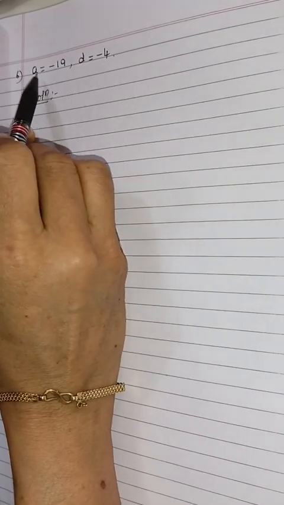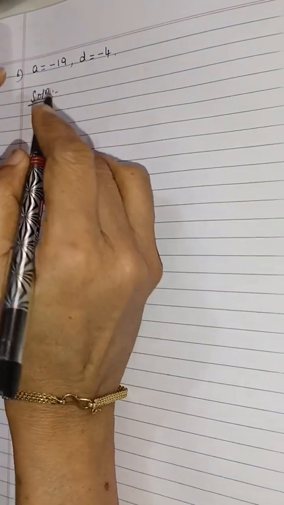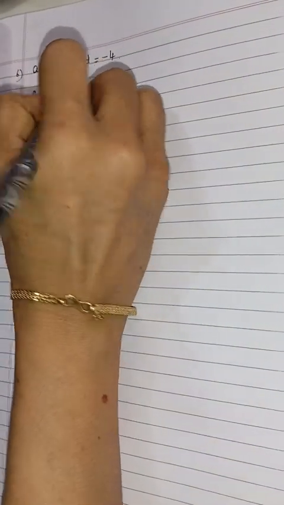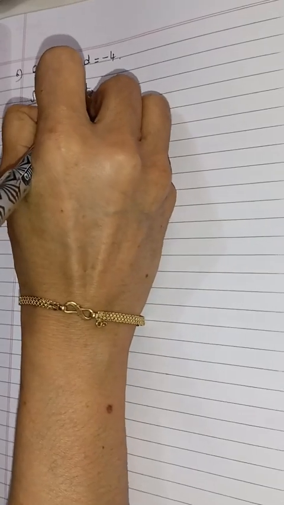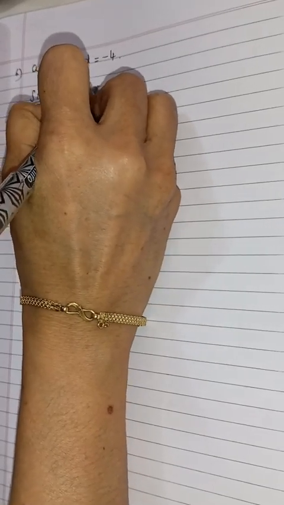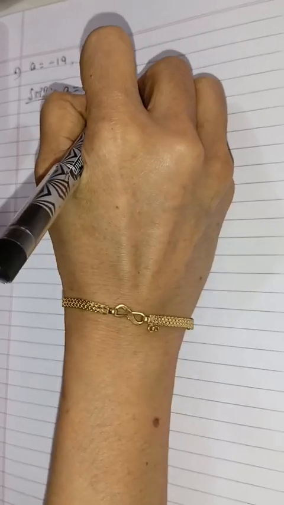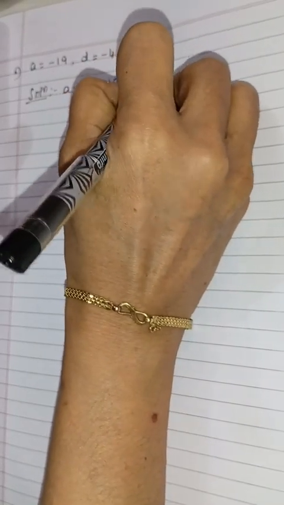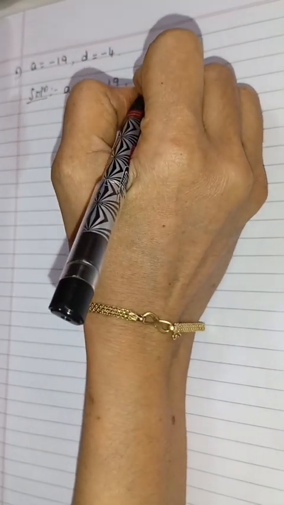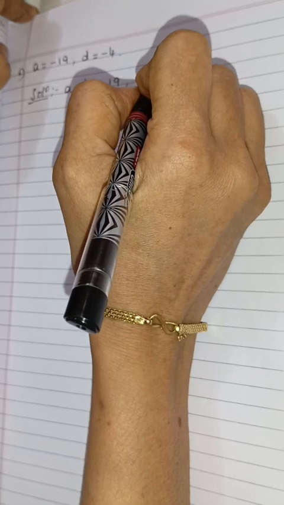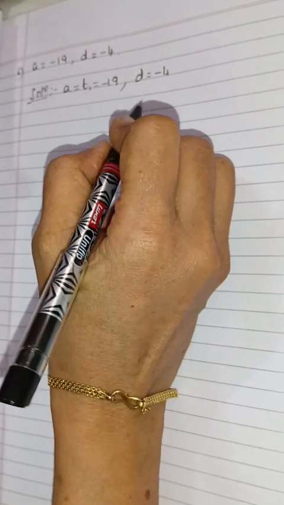Sixth one: A is minus 19, D is minus 4. Therefore T1, that is A, is minus 19 and D is minus 4.